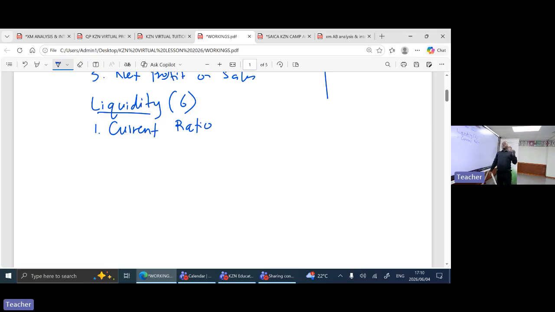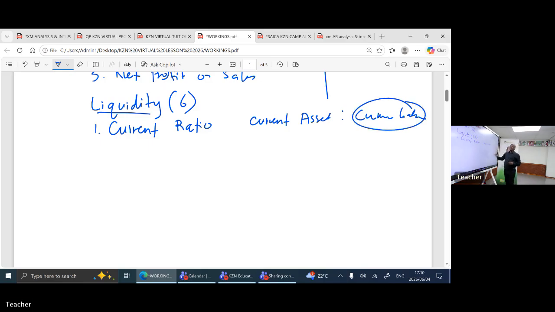The current ratio is testing our current assets to current liabilities. What is this testing? Can the business be able to pay off its short-term debts, which are its current liabilities, with the short-term assets that it has? This is the question asked by the current ratio.